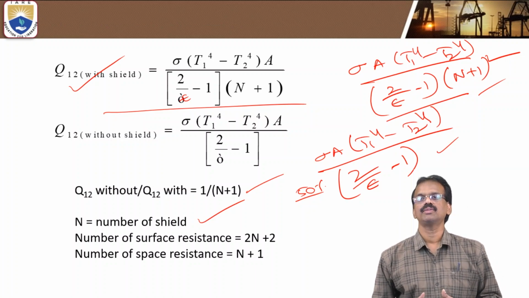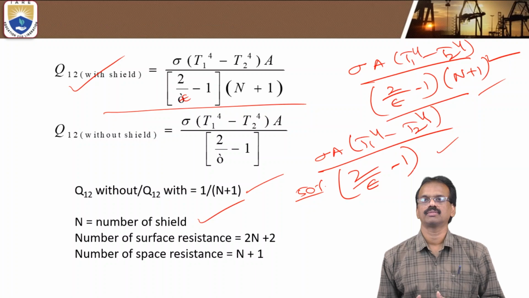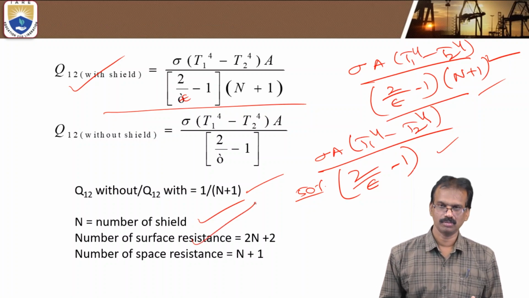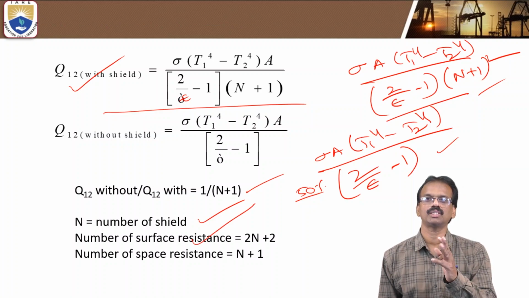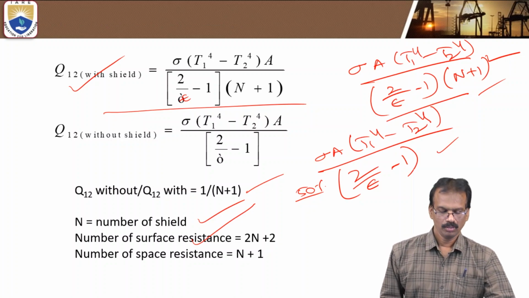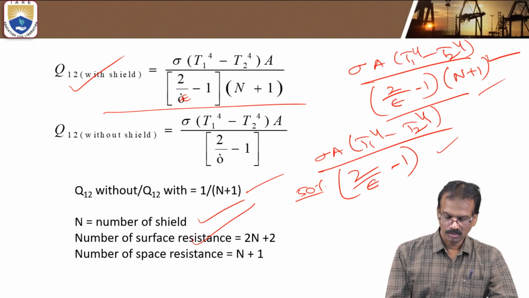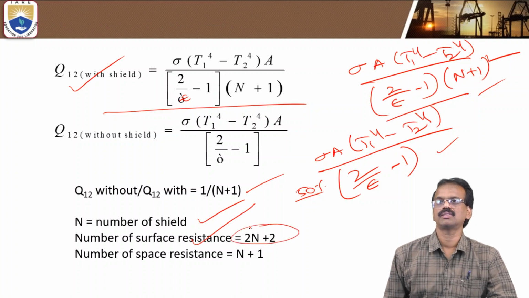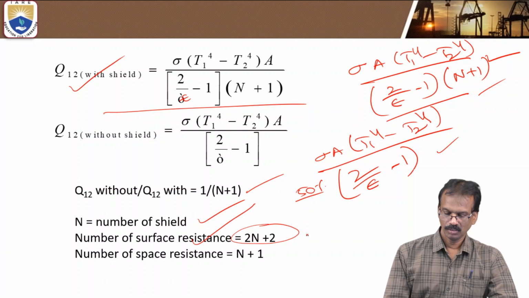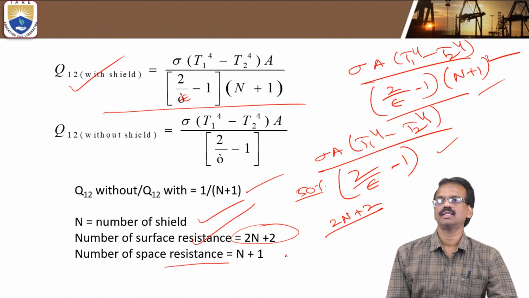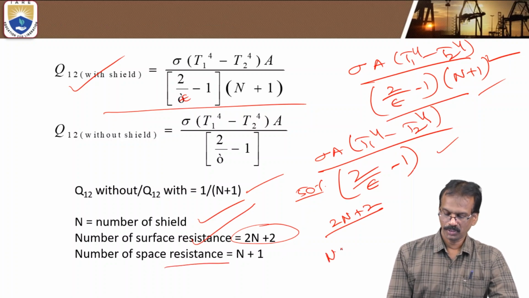If we place n number of shields, the number of surface resistances is 2n plus 2, and the number of space resistances is n plus 1.